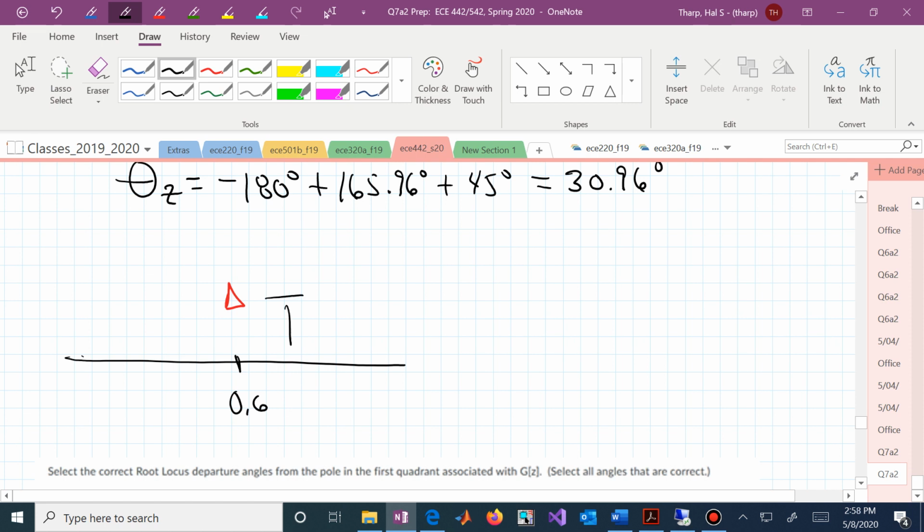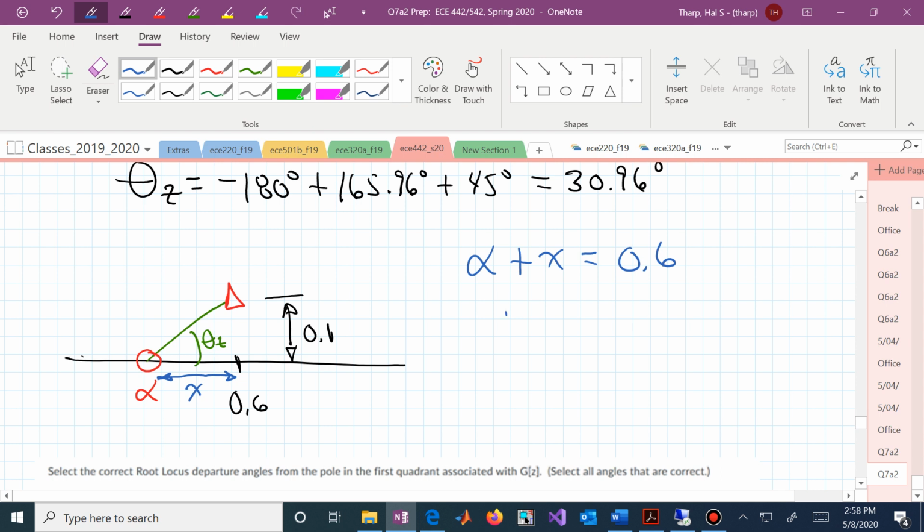We know this distance vertically is 0.1, and we've just determined this angle, theta sub z, and we're trying to find where is alpha. I hope you can see that using trigonometry we can solve for x, and x then, noting that alpha plus x is 0.6, will produce the alpha value.